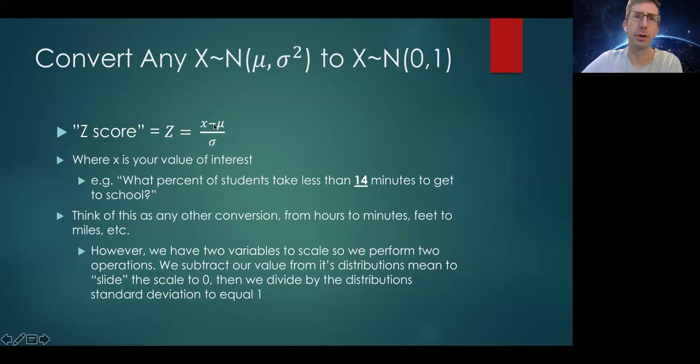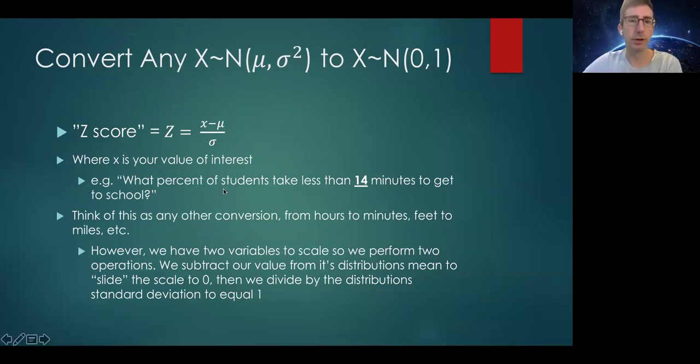You subtract that value of interest from the population mean, the mu of the normal distribution we're given. So if we're given that the gorilla's lifespan is an average of 25 years, we would take that 23, subtract it from the average, and then we would divide it by the population's standard deviation.